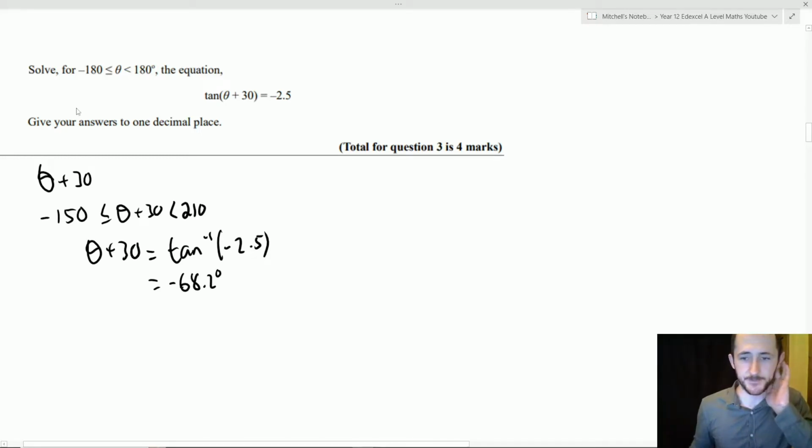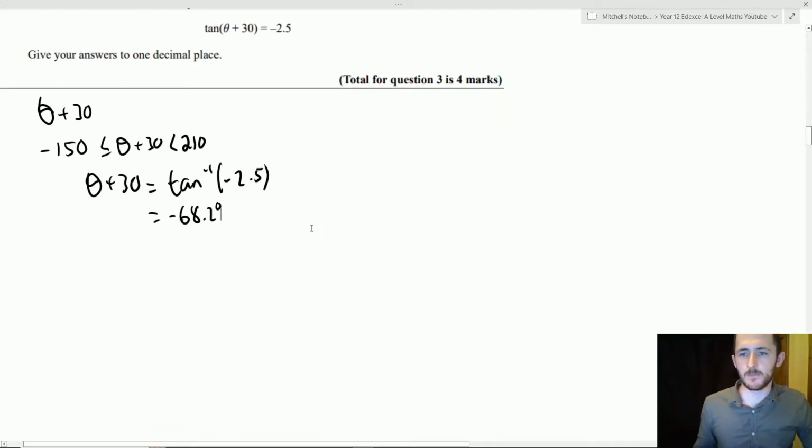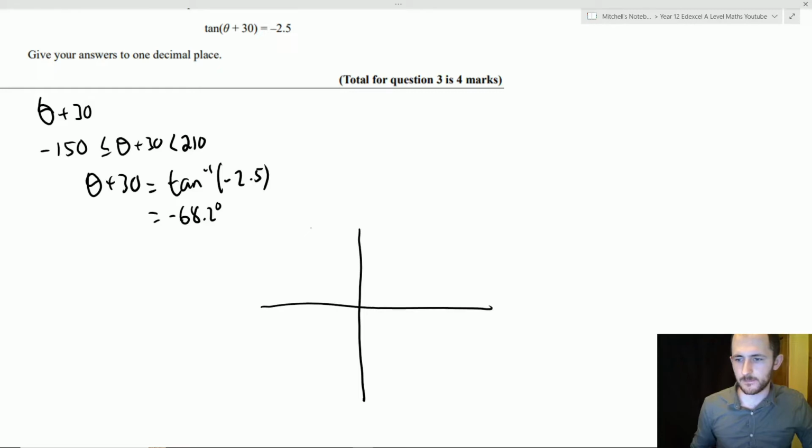Perfection. Okay. So now, let's draw this. It's a negative number, so we're actually going to go clockwise instead of anti-clockwise, so this is where that will be.